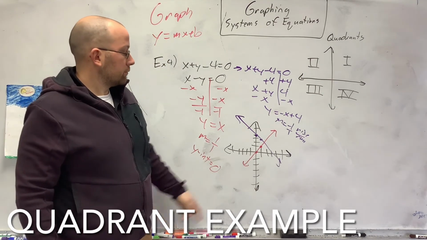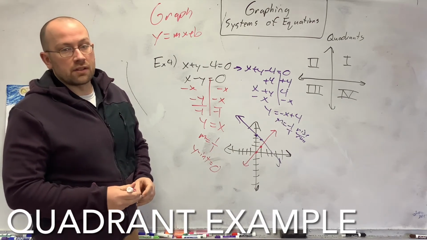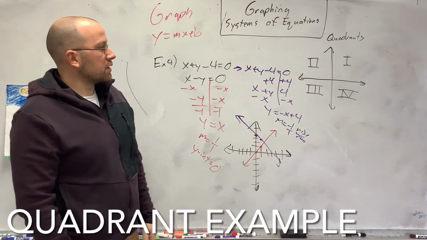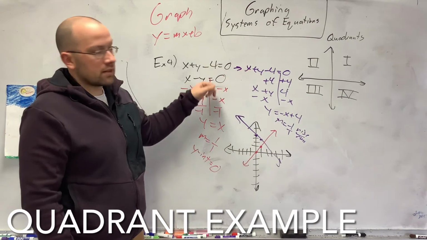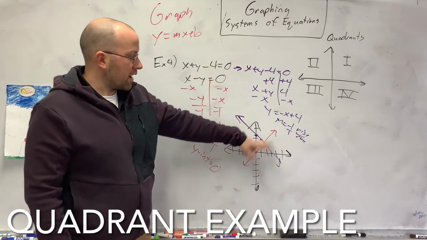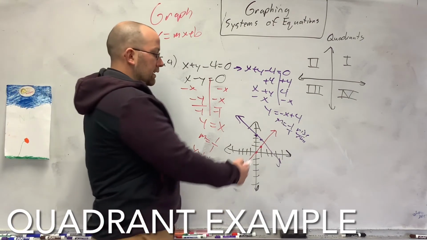So there we go. I graphed a system of equations. All right. So basically all a system of equations is 2 different equations that I have here. And then when I graph them, they cross at one point. That point right there is your answer.